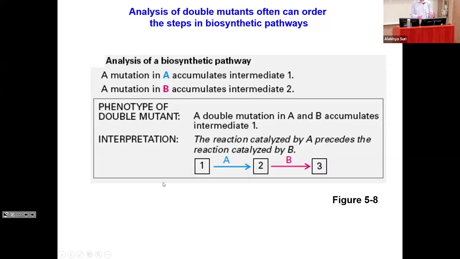You can say, okay, A comes before B or the other way. Depending on what metabolic intermediate will increase, you can say, okay, it's in this order, or it could be 1, 3, 2, for example.